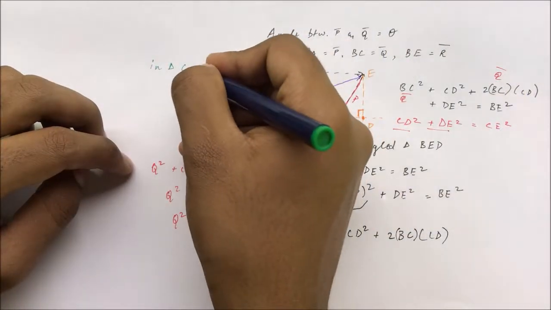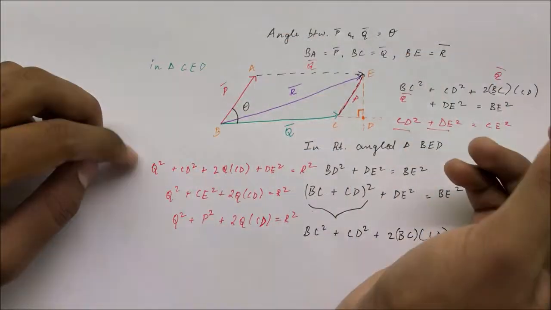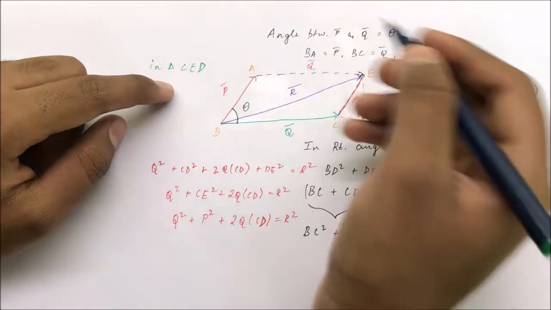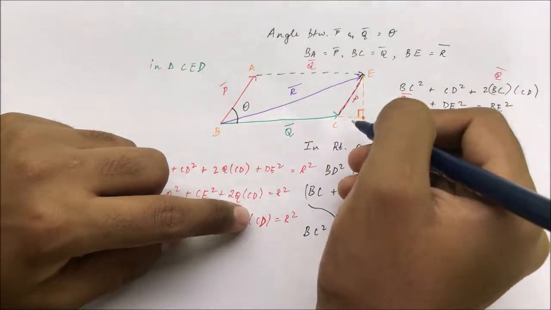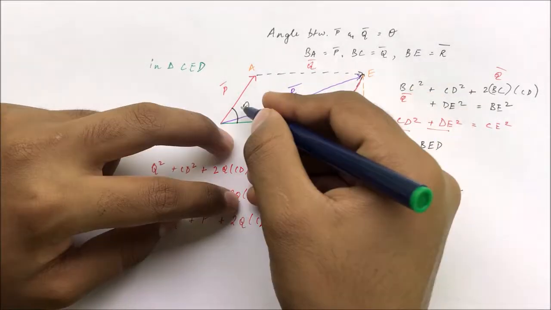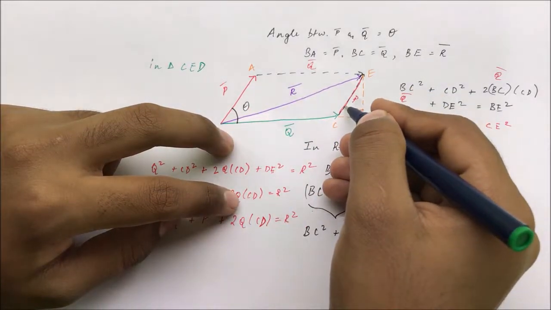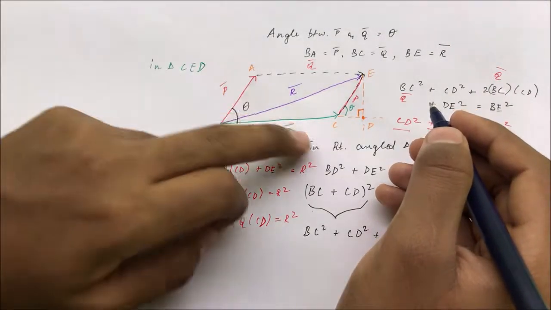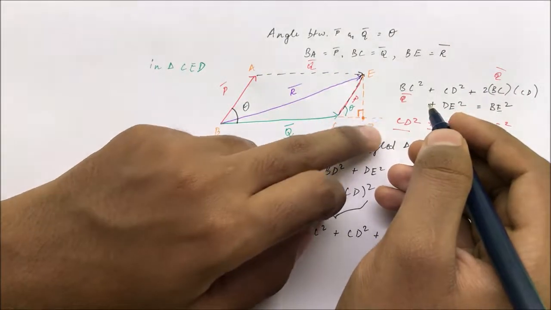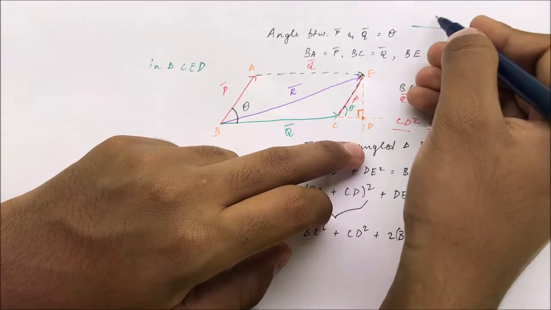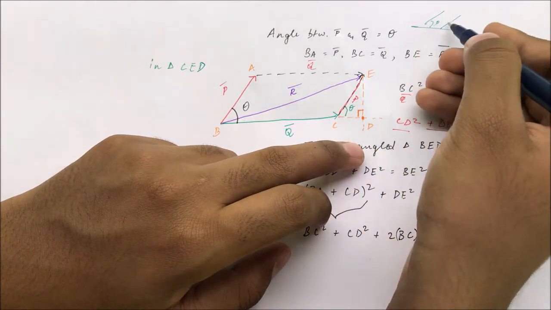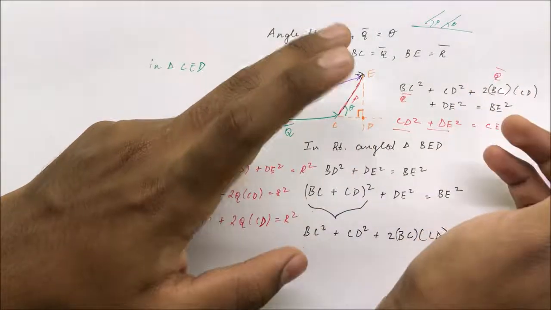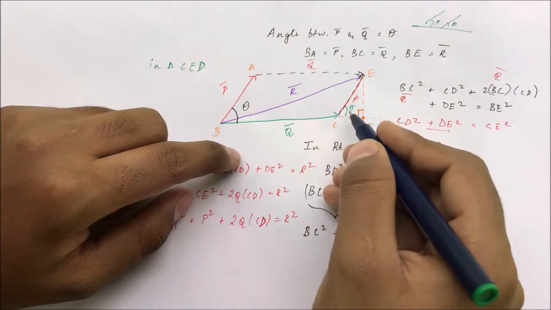In triangle CED, if you observe, we wanted somehow to get out CD, correct? Since this angle is theta, this angle too will be theta. Makes sense, because same line, parallel lines, one straight line and 2 lines parallel, they'll make the same angle with the horizontal line. Makes sense, right? So now this one is also theta.